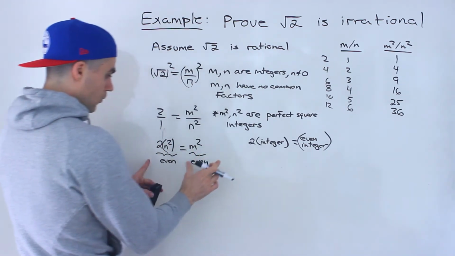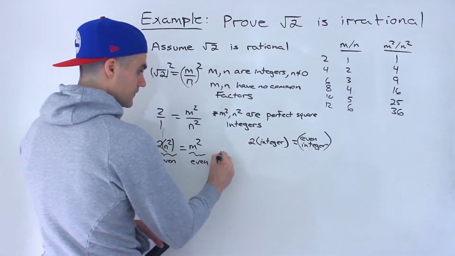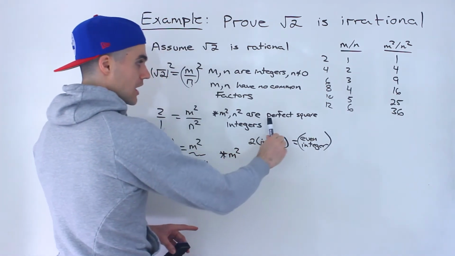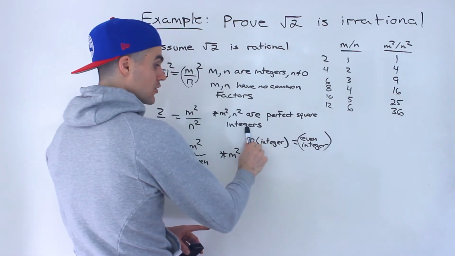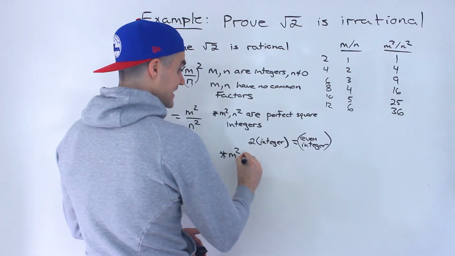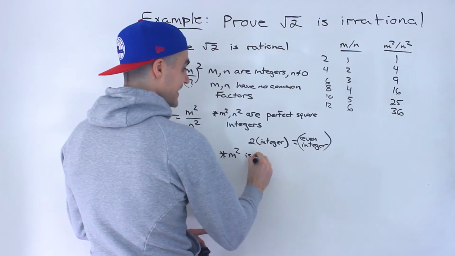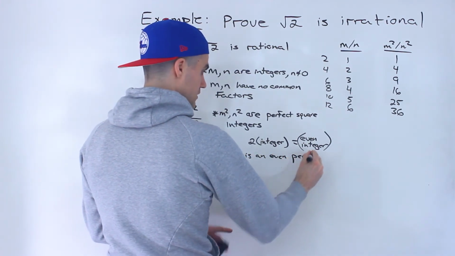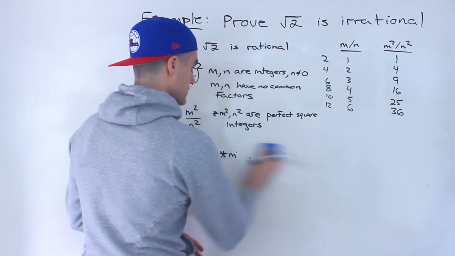And so what this tells us here is that m squared, it's not just a perfect square integer, it's an even perfect, you know what, I'm just going to erase this, give myself some room here.